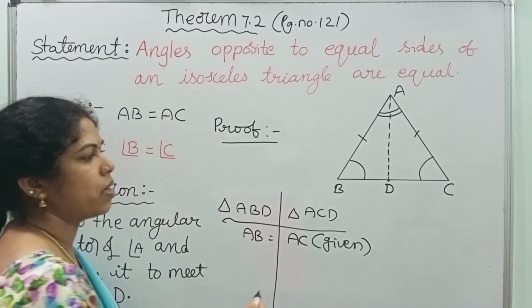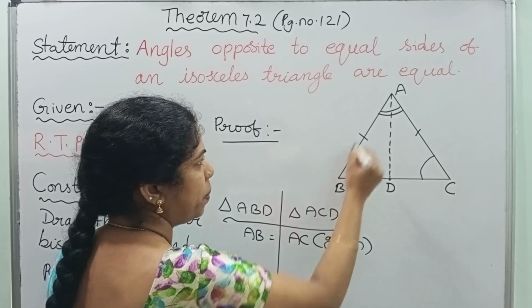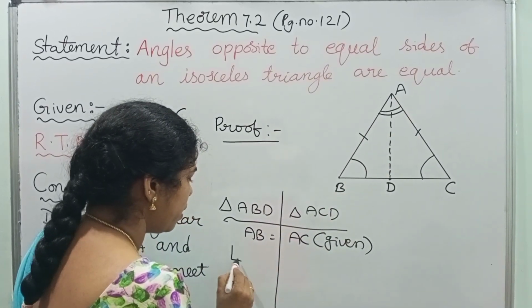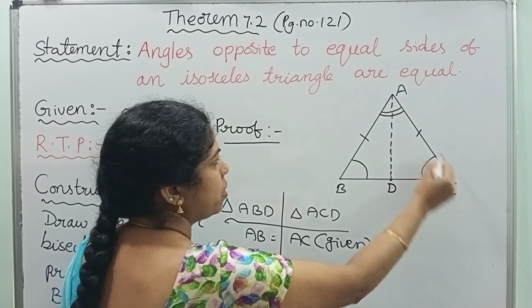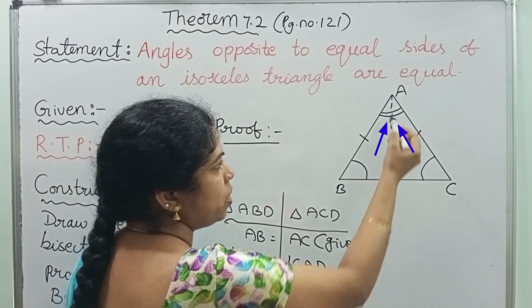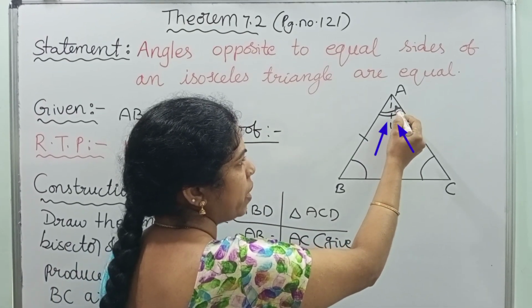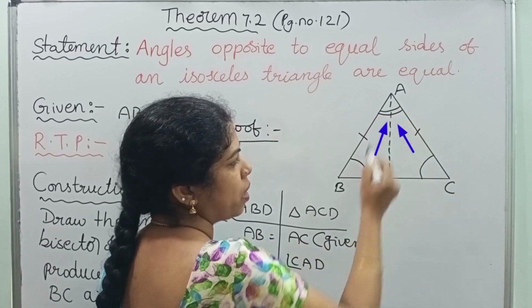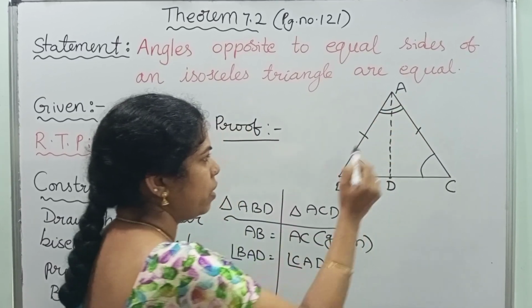The next equal part, just now we have done the construction, is angle BAD equal to angle CAD, since AD is the bisector of angle A and divides it into two equal parts. That means angle BAD is equal to angle CAD.